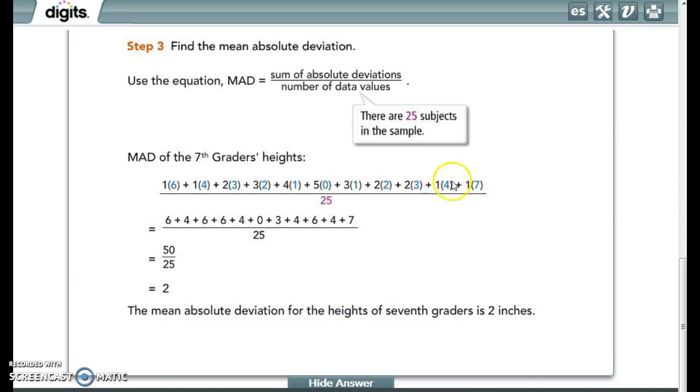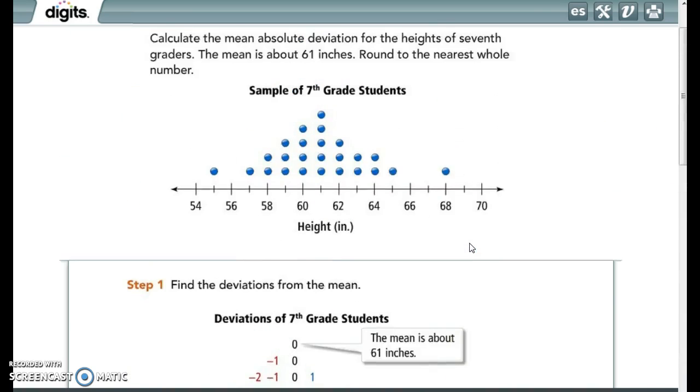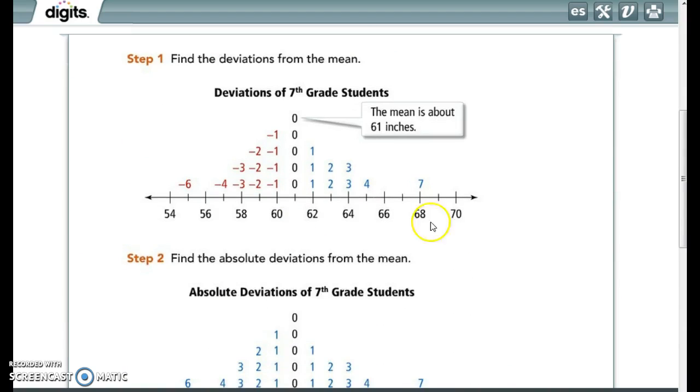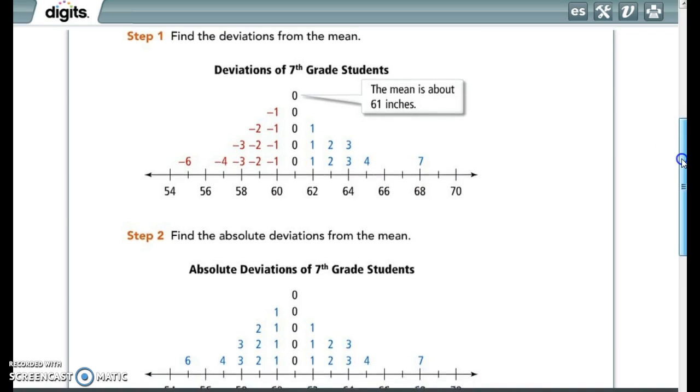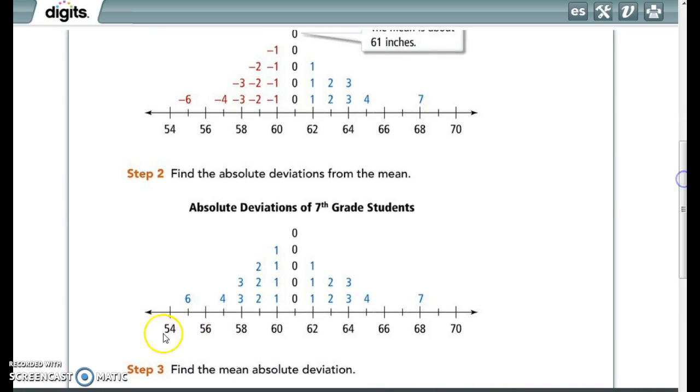So now that you have your deviations, you're ready to find the absolute deviations for each of those data points. To do that, we just make all of them positive. So take about 10 seconds to change all your negatives to positive because we're looking at the absolute value.